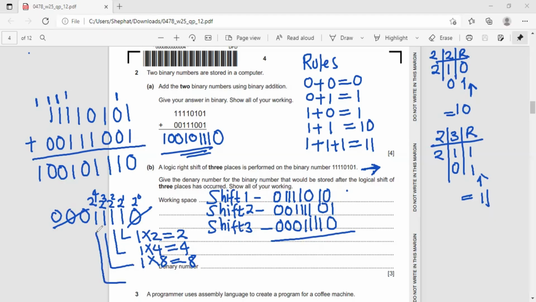Then this one will be 1 times 16, which is equal to 16. So when we add 16 plus 8 plus 4 plus 2, this will give us 30 in denary. So the answer here in denary is 30.